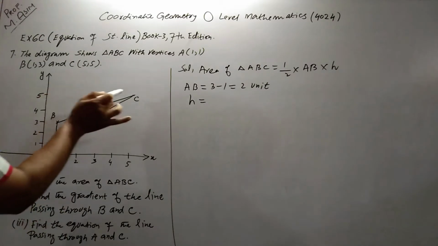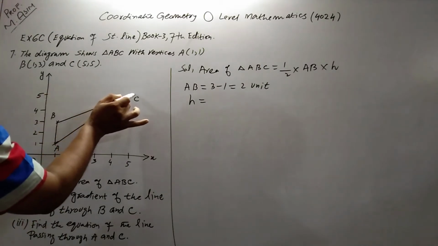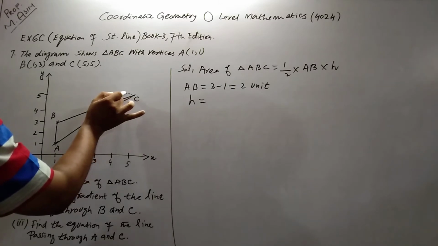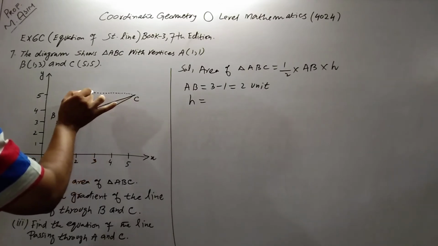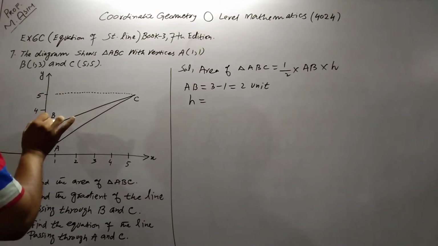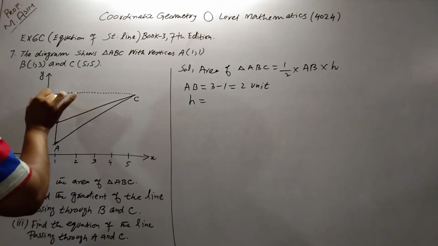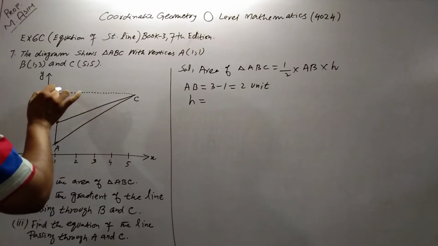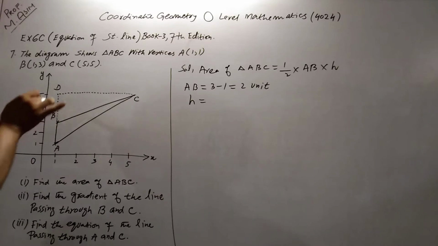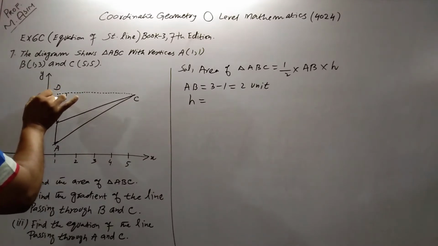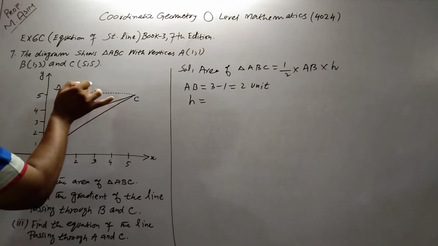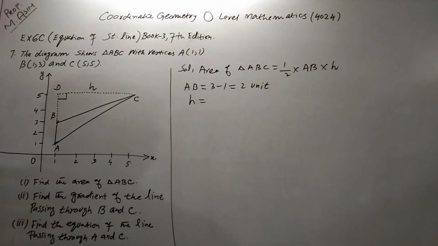See carefully, if we draw the perpendicular from C and extend it to this point, and I assign the name D to this point, this is a perpendicular line, and this DC represents the height.